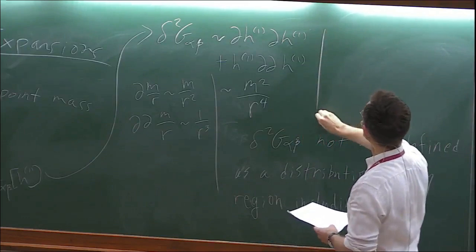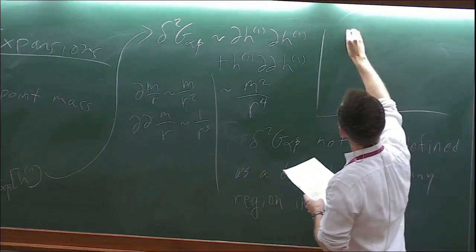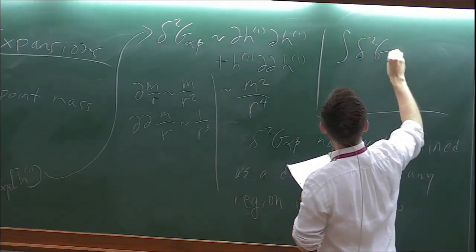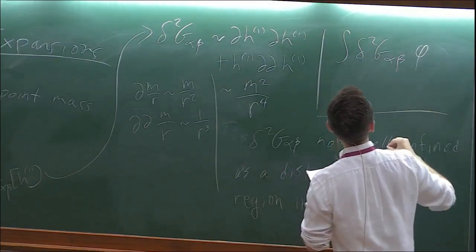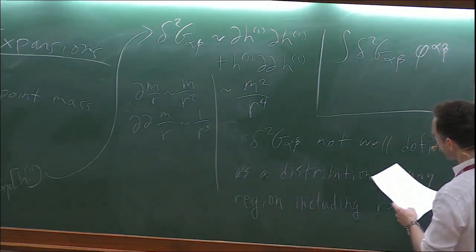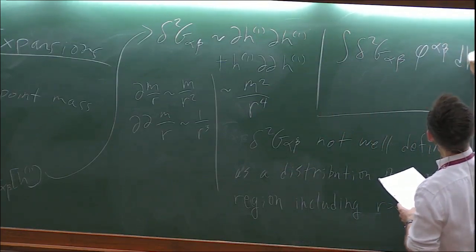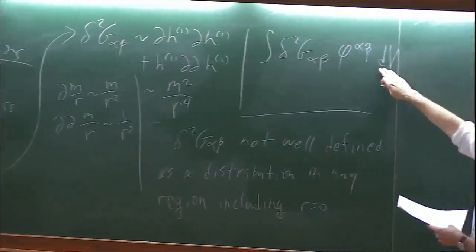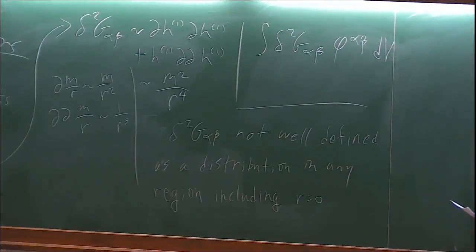So here's the integral against just a smooth test function phi, or in general you'd have to make it a test tensor phi, integrated over some space-time volume, so this is a 4-dimensional volume element.